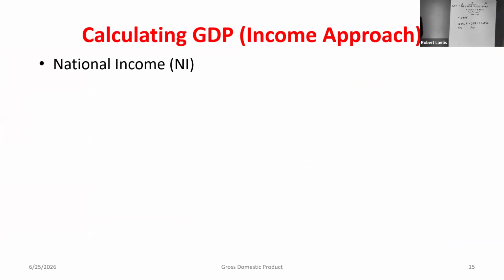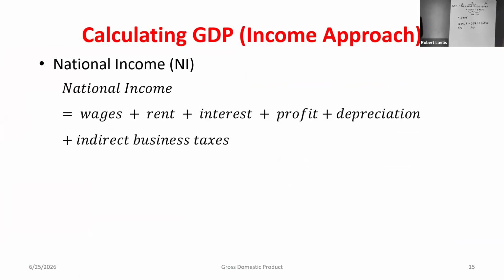For the sake of time, how would I calculate GDP instead of using that expenditure approach, C plus I plus G plus net exports, if I wanted to use my income approach? Well, my income approach, or calculating national income, just a different name for GDP, would be looking at all the income that is made in every category.